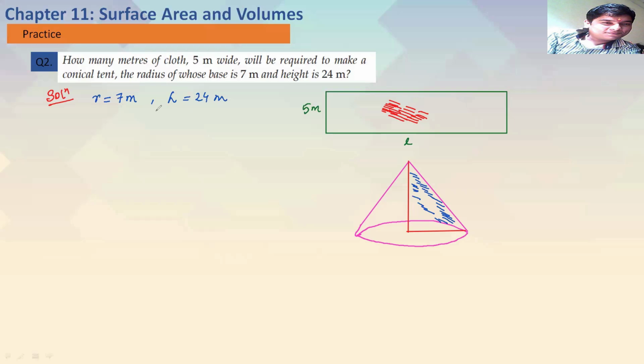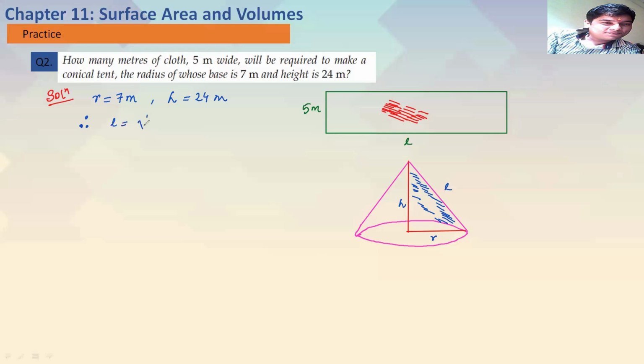So L, where is L? L will be found out next. How do we find out L? Sir, should we use Pythagoras theorem? Yes, exactly. In the previous question we did it.